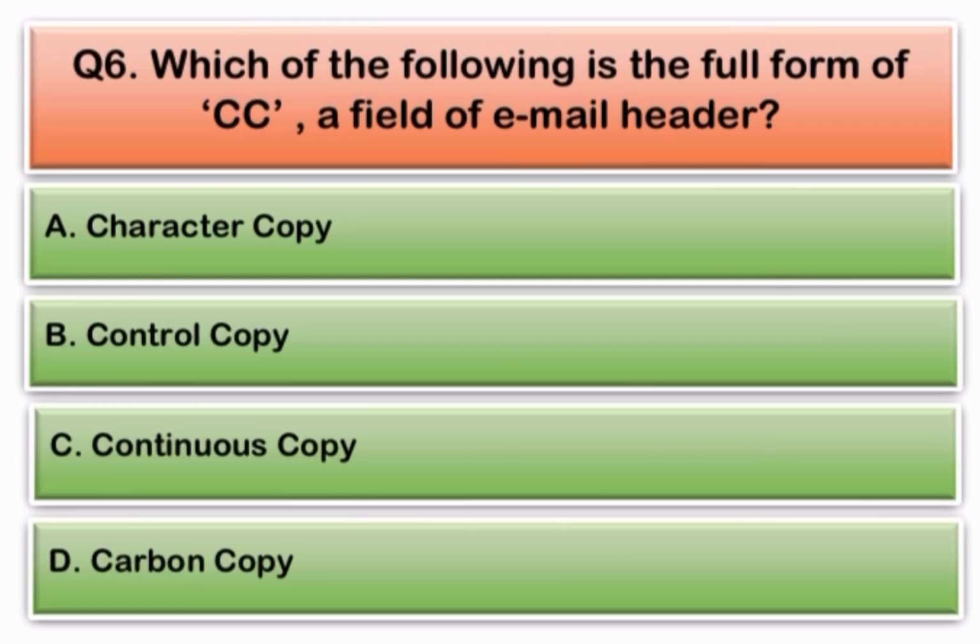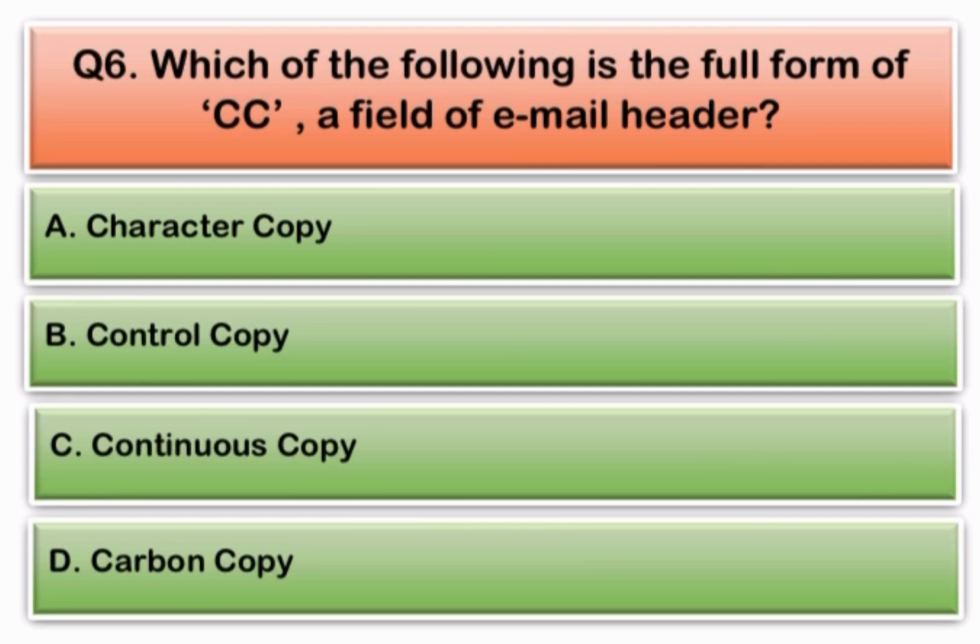Question number 6. Which of the following is the full form of CC, a field of email header? Options are A, character copy, B, control copy, C, continuous copy, D, carbon copy.